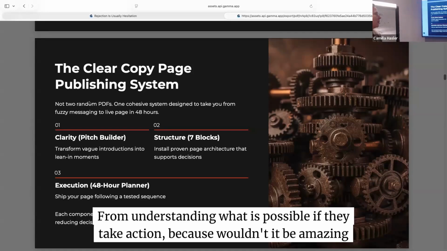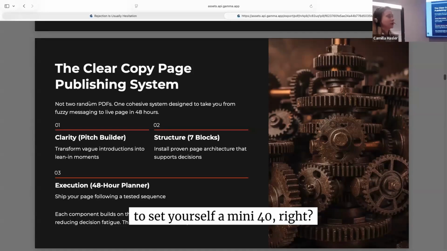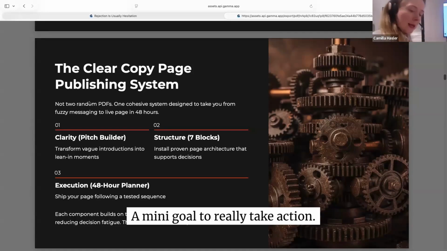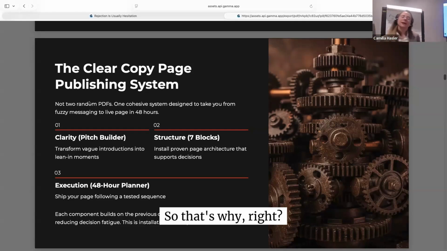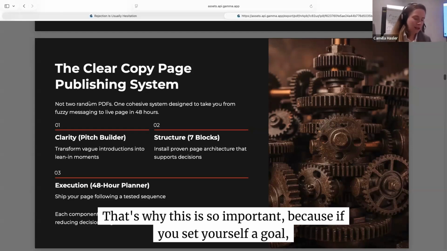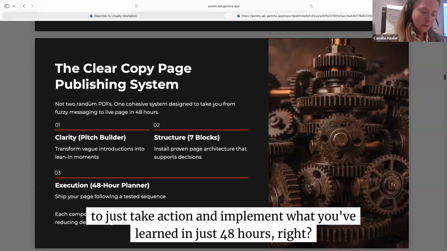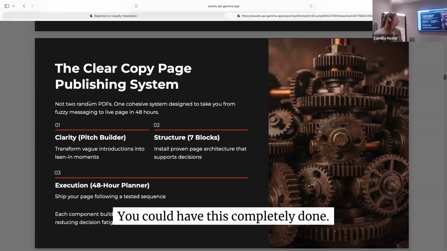Wouldn't it be amazing to set yourself a mini goal to really take action? That's why this is so important, because if you set yourself a goal to just take action and implement what you've learned in just 48 hours, you could have this completely done.